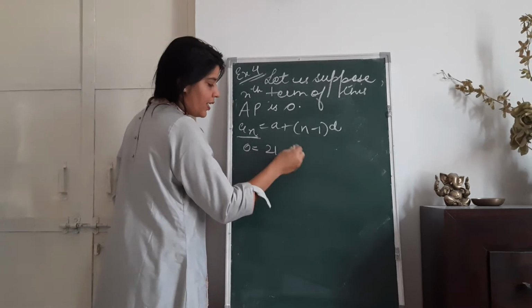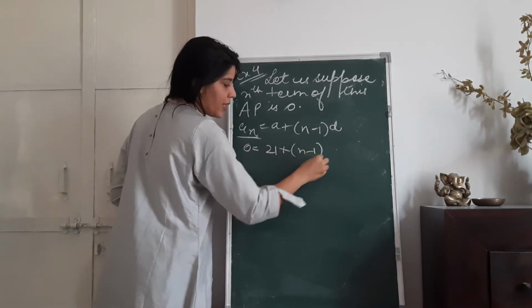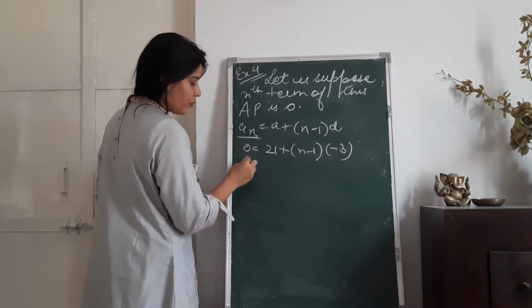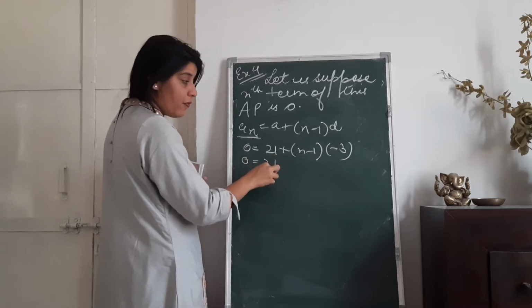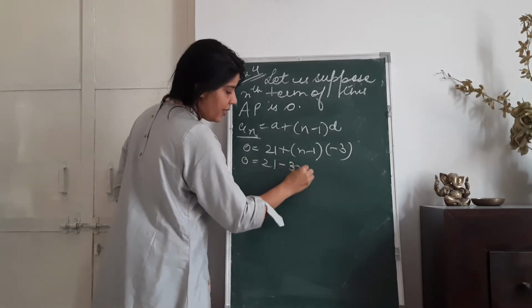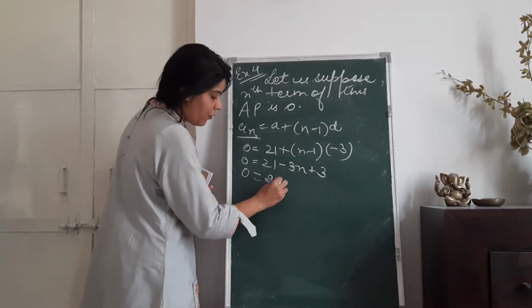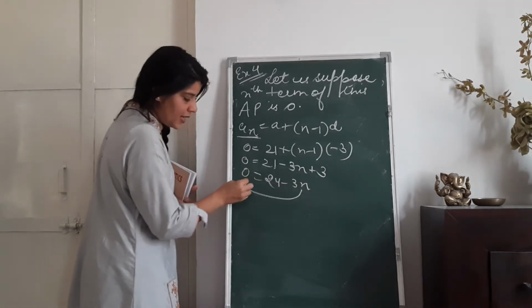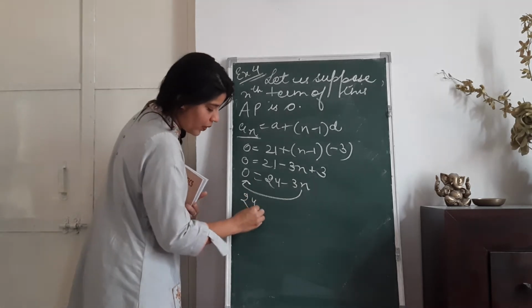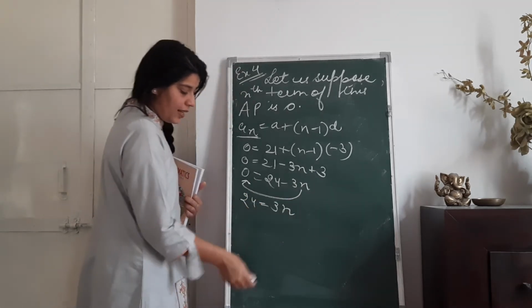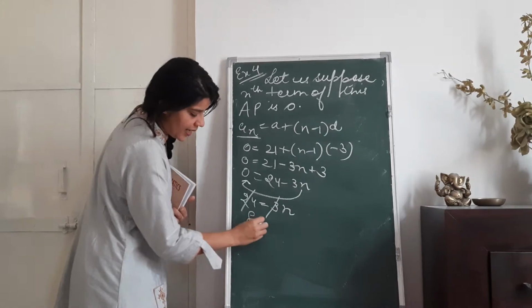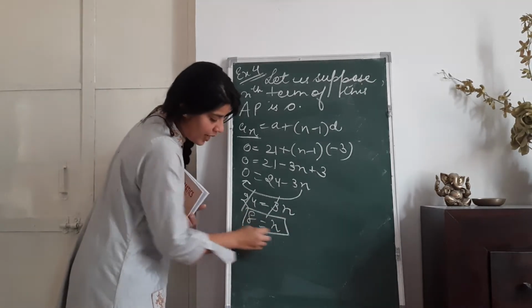This is 21 plus n minus 1 into minus 3. So 0 is equals to 21 minus 3n plus 3. So 0 is equals to 24 minus 3n. Taking 3n to this side, I get 24 is equals to 3n, which is 8. So n is equals to 8.